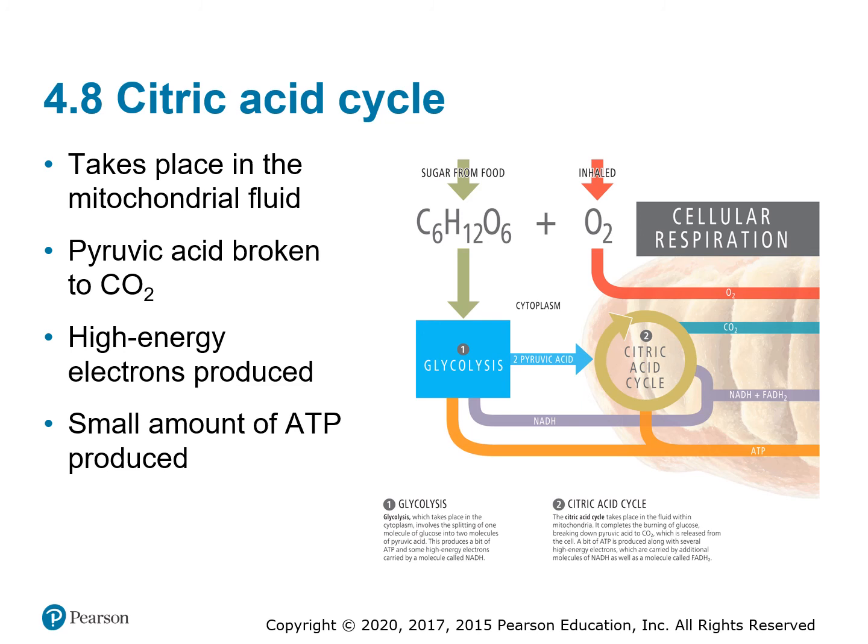Now, we had talked about electron carriers in photosynthesis, the electron carrier NADPH, and here are two more electron carriers, NADH and FADH2. So in the citric acid cycle, electrons are being picked up by these electron carriers, as well as ATP being made.